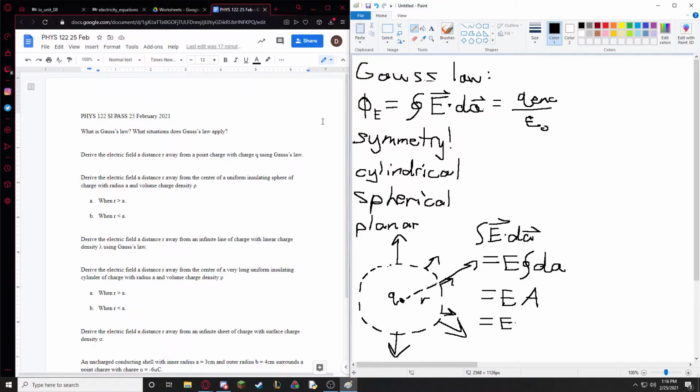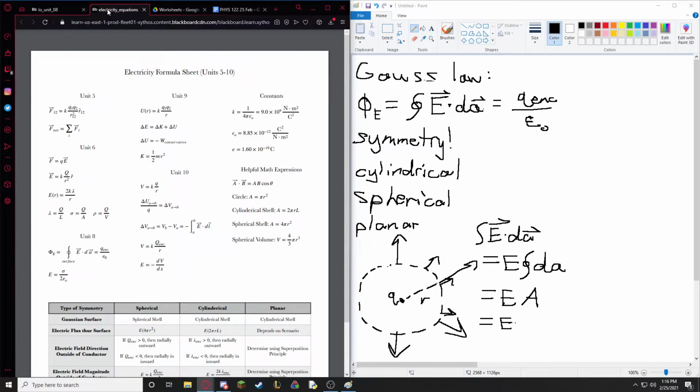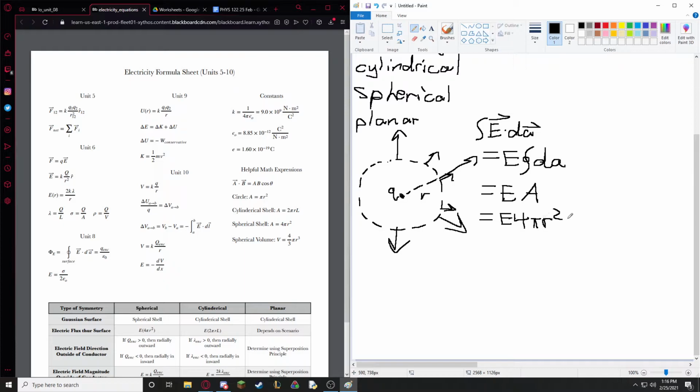Hint, it's in your formula sheets. Is it like 4 pi r squared? Exactly, 4 pi r squared. Boom. And now we basically have our problem solved. Because now we know that this is equal to Q enclosed, which is just Q over epsilon naught.